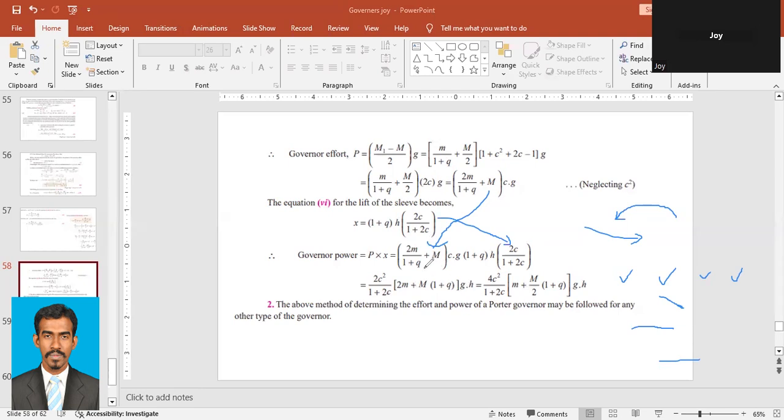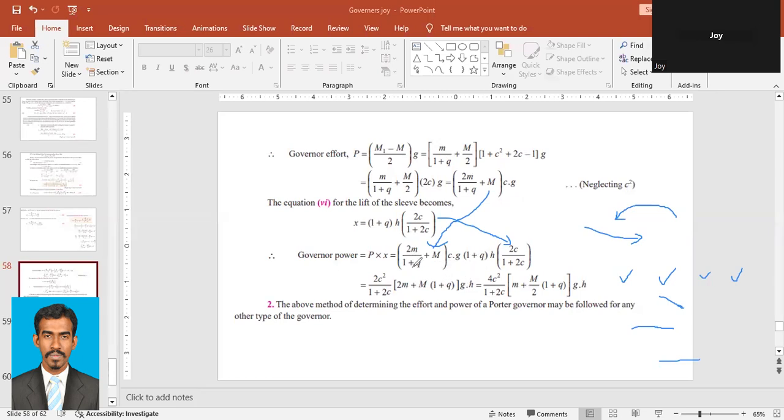Whatever is suitable for you, you can replace it with the numerical values at that particular time. But this is just a rearrangement. So 2c into c, that is 2c squared upon 1 plus 2c into 2m plus m into 1 plus q.